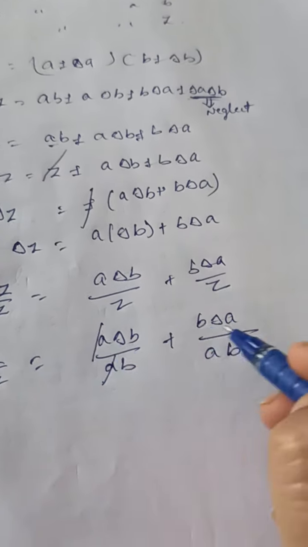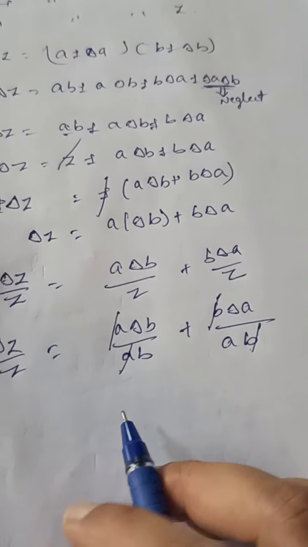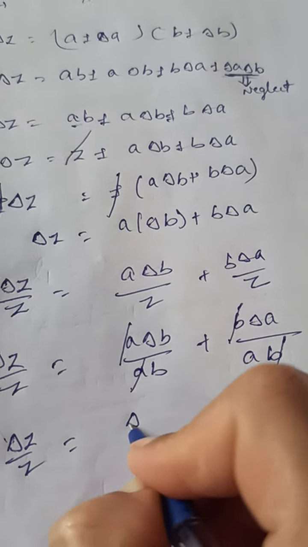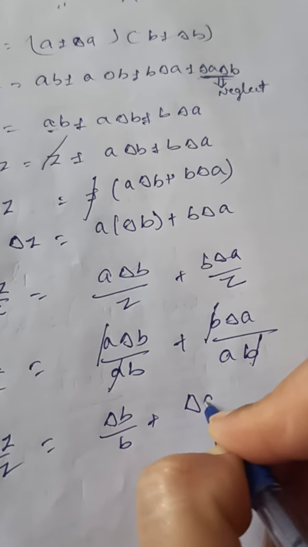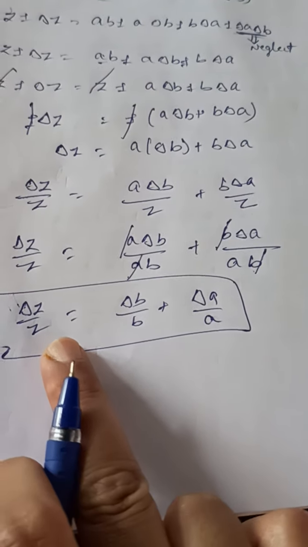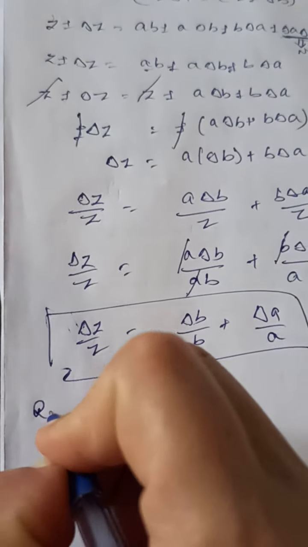Now in the first term A cancels, in the second term we are going to cancel the B. From here delta Z by Z is equal to delta B by B plus delta A by A. This is the result. This error is known as the relative error.